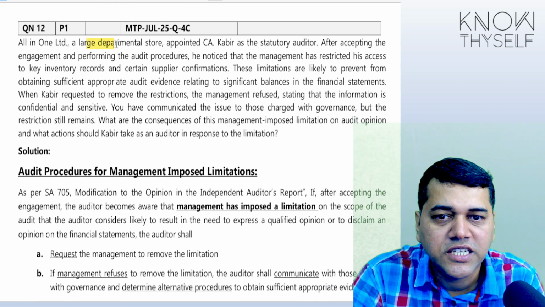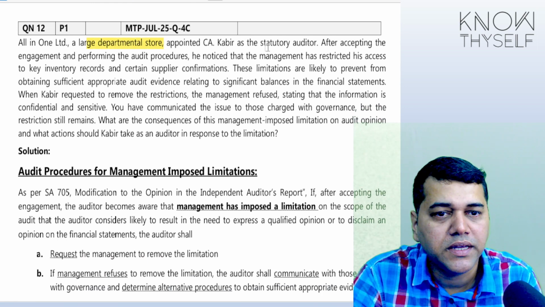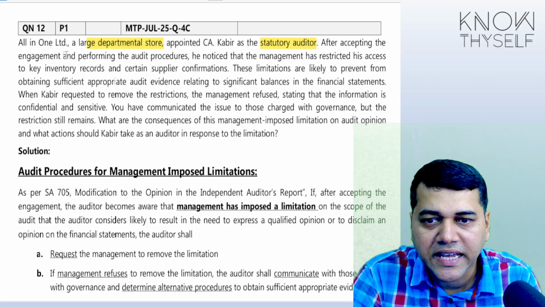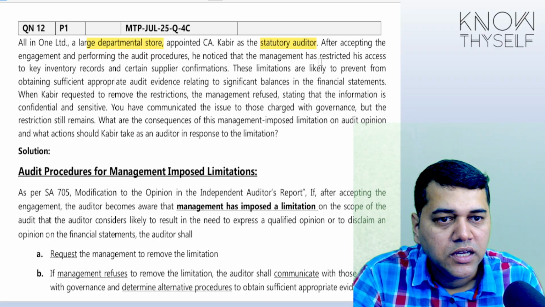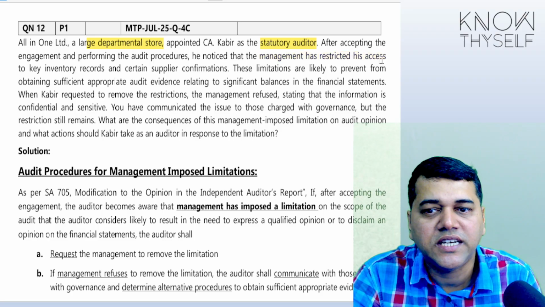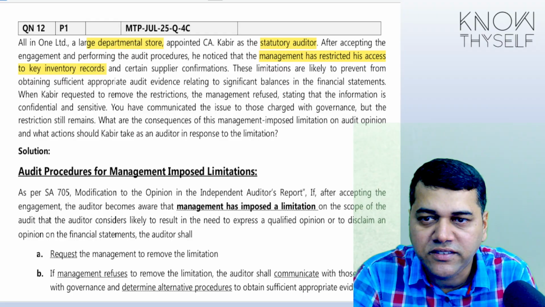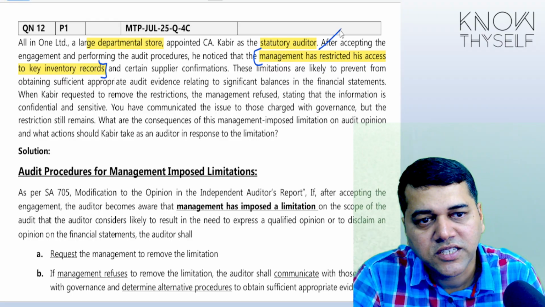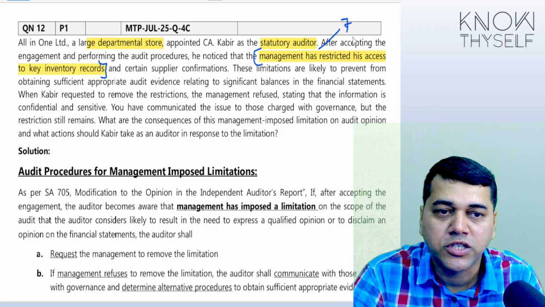All-in-One is a large departmental store that appointed Kabir as the statutory auditor. After accepting the engagement and performing procedures, he noted that the management has restricted his access to key inventory records. See, this is the keyword for you, because this particular thing has been discussed in chapter number 7, management imposed limitation.